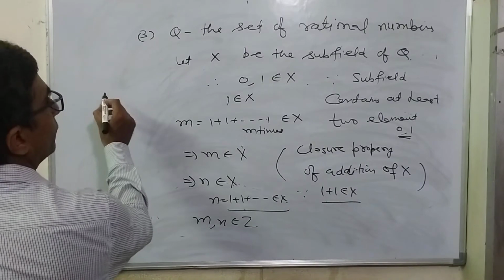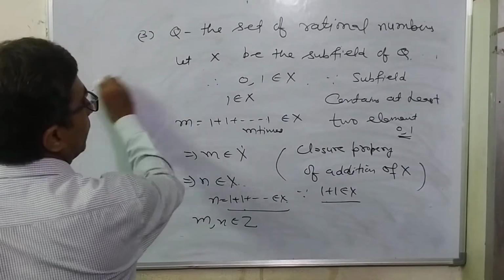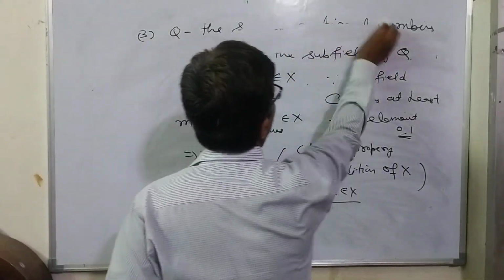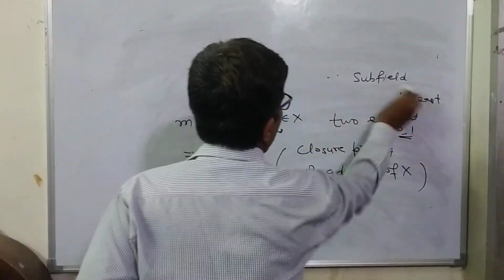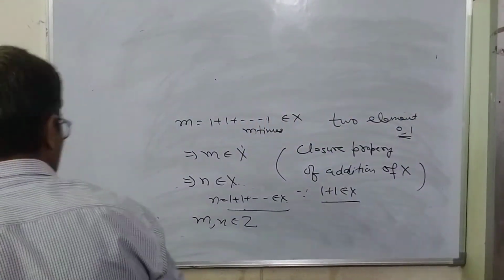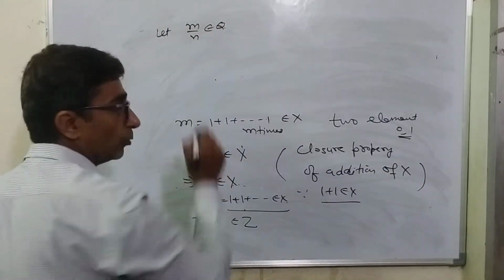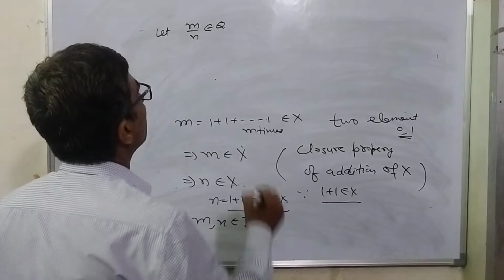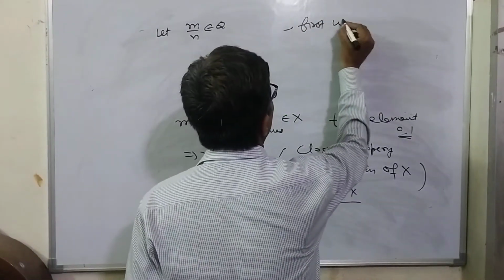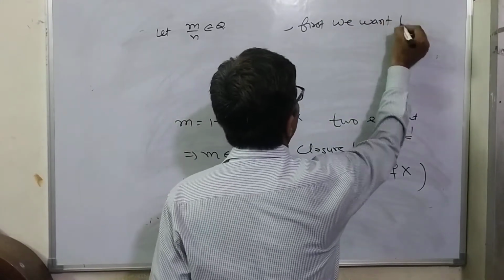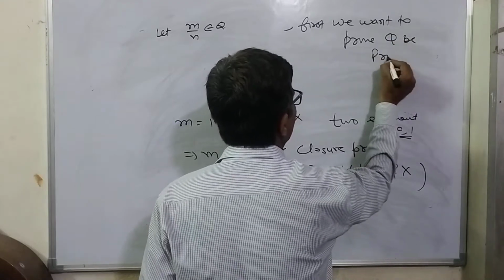Let m over n belong to Q. First of all, we want to prove that Q is a prime field.